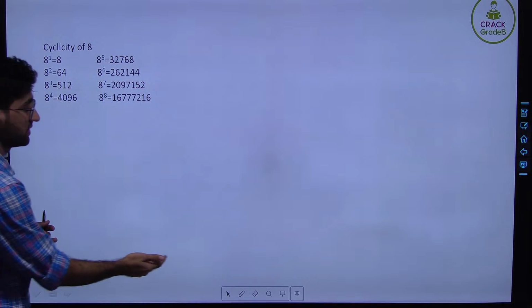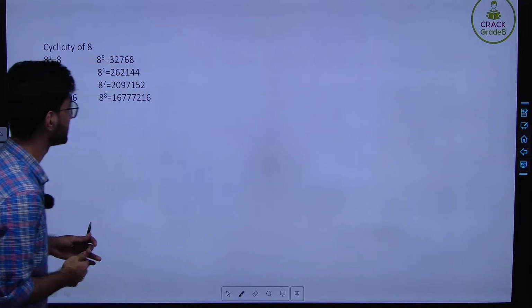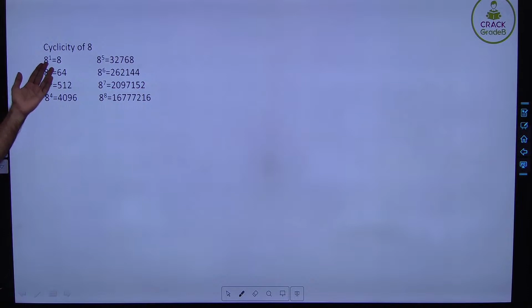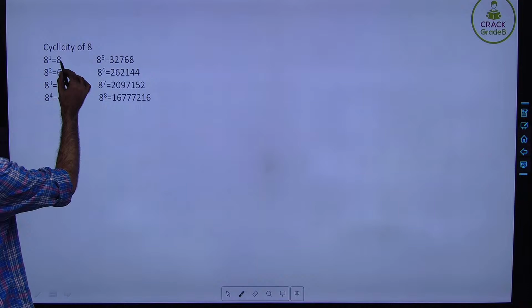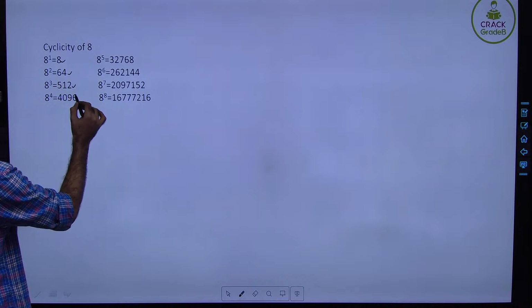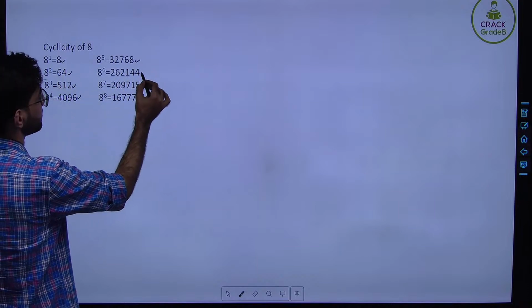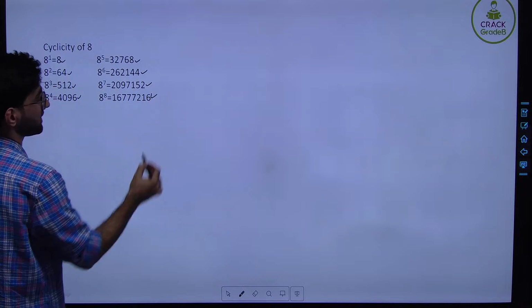Now we will learn what is the cyclicity of 8. 8 to the power 1 is 8, 8 square is 64, the cube of 8 is 512, and 8 to the power 4 is 4096, right? You can observe again 8, 4, 2, 6, 8, 4, 2, 6.